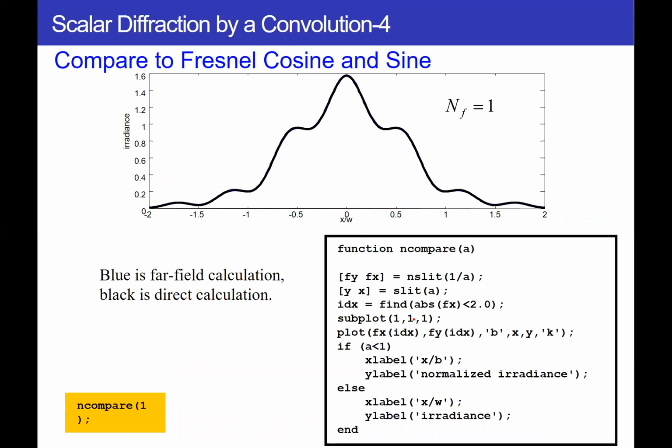And then it's time to think about comparing to the Fresnel cosine and sine. And we know that n slit is the convolution and then inverse Fourier transformation, and the slit is the Fresnel integral. Okay. And you just compare it, and you can see that it's almost identical. Okay. So that's the thing we need to remember.